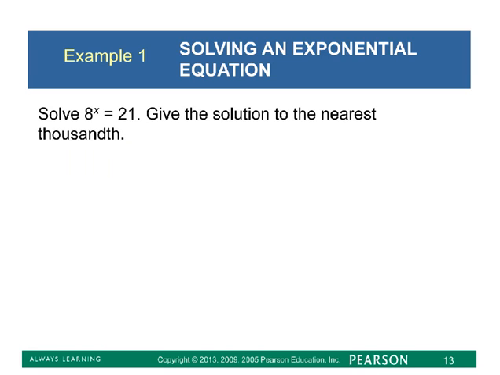So we're going to be using that property to help us in solving this equation right here. We have 8 to the x equals 21, and in order to solve this, there is no number that we can change our bases to. There is no 8 to the power of some number equals 21.